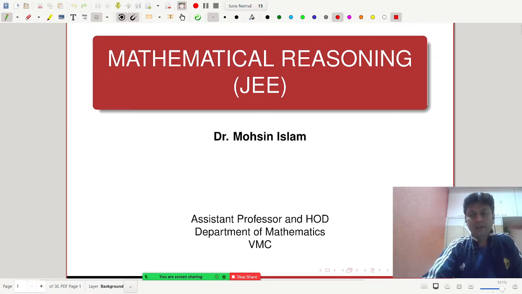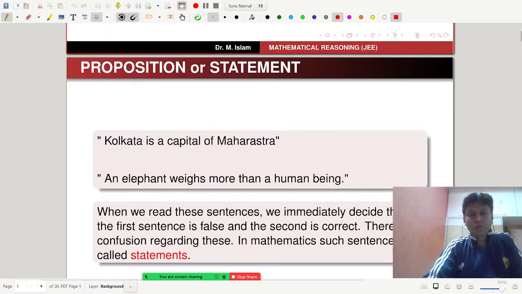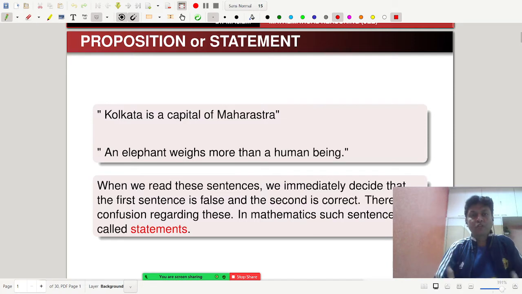So let's start. Now suppose I'm starting with some propositions or statements. Suppose I say, Kolkata is the capital of Maharashtra, and another one, an elephant weighs more than a human being. Now when we read these sentences, we immediately decide that the first sentence is false and the second is correct.